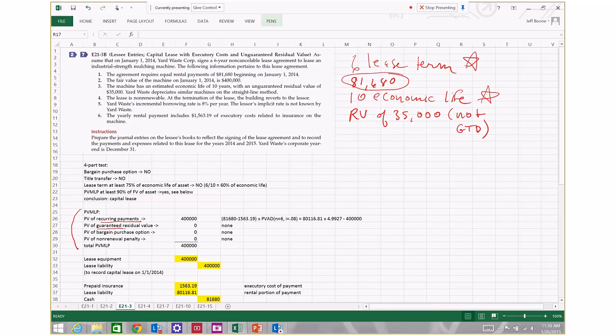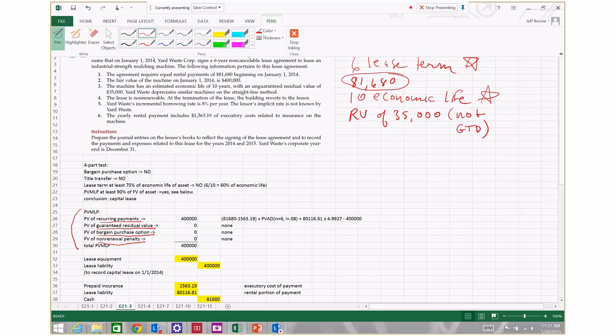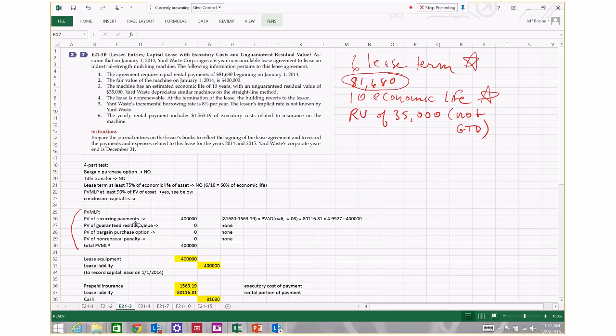Any guaranteed residual value. A bargain purchase option. And any non-renewable penalty. In this particular case, we only have one of those components: the recurring payment amount.